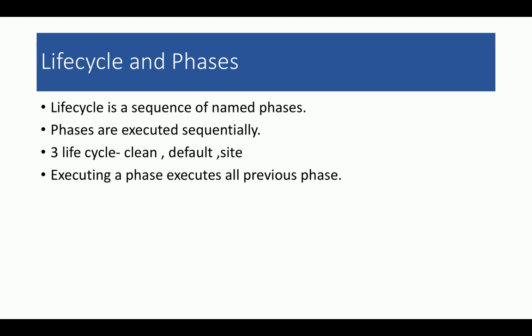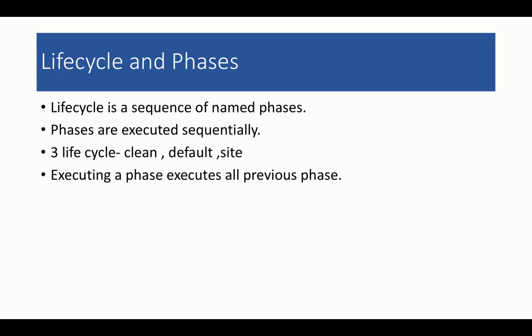All the named phases which are previous to that phase in that life cycle will run before running this phase. So that's what our last statement is saying: executing a phase executes all previous phases.